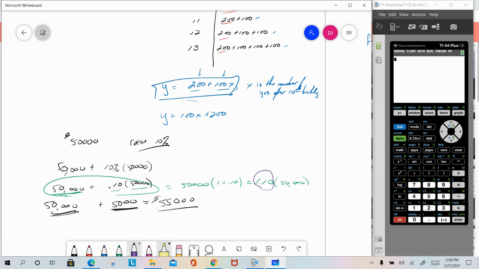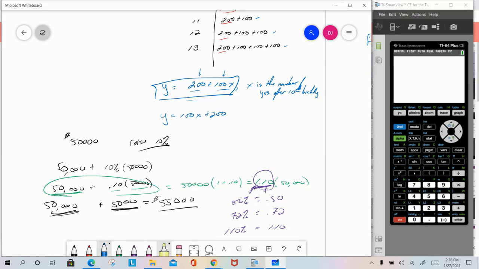I believe that most people, by the time they get to this point in their education, are okay with 50% equals 0.50, 72% is equal to 0.72. But what about 110%? That would be 1.10. So really what this means is you're going to have 100% of your 50,000 plus 10% more.